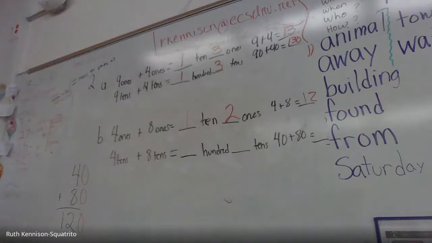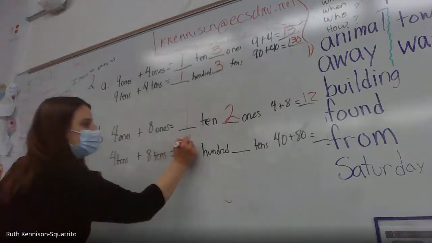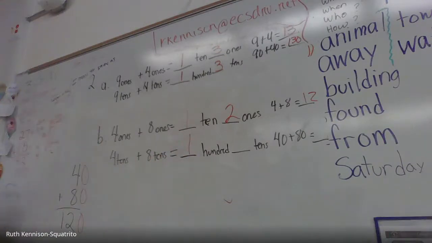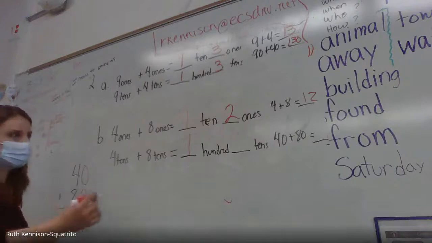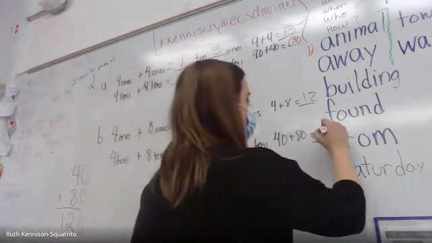Can you just wait 2 seconds? Go, Amy. Okay, how many hundreds are in this number? In 120, how many hundreds are in it? 100. And how many tens? 2 tens. Very good.